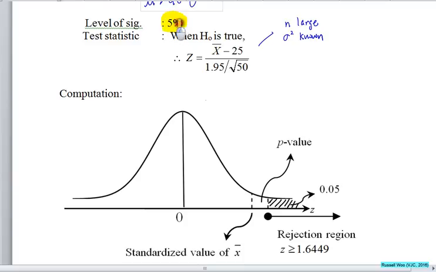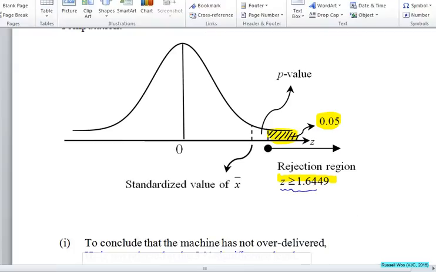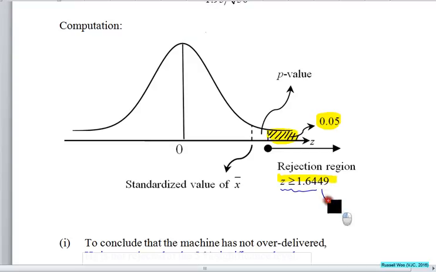You are given 5%, you are doing a one-tail test, you are clearly able to do inverse norm to find this rejection region. Maybe I write down just in case some of us are not sure, or you can go back and revise. This is inverse norm 0.9501. Correct?